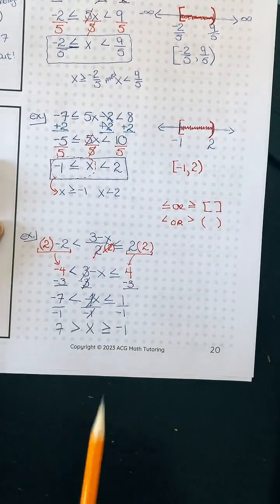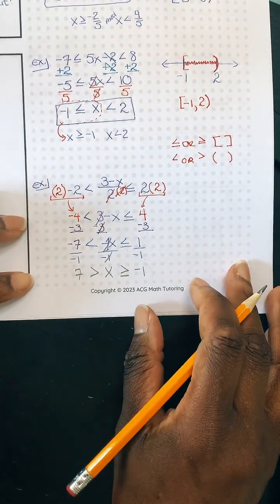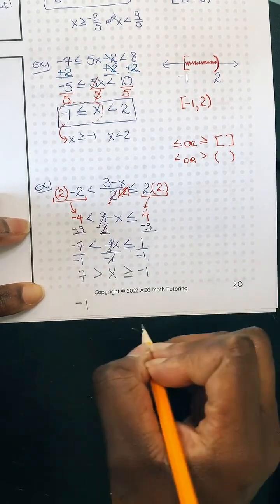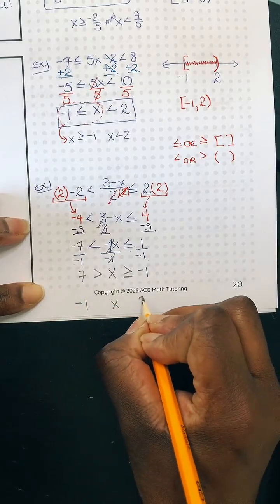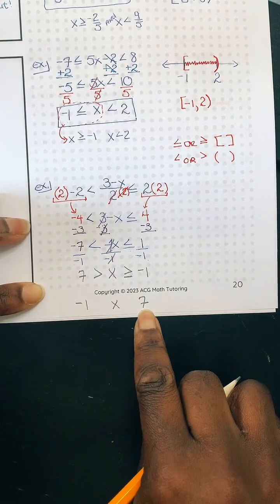So we want to kind of flip that around. We want our -1 to be on the left, my x obviously in the middle, and my 7 on the end, because I want to go from smallest to greatest.